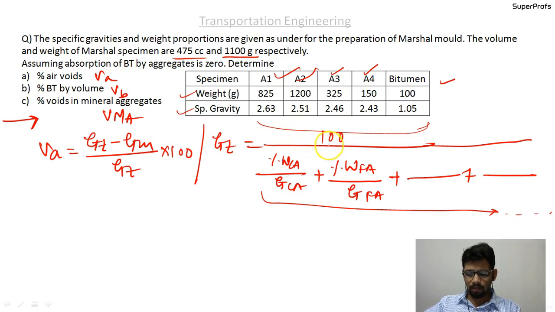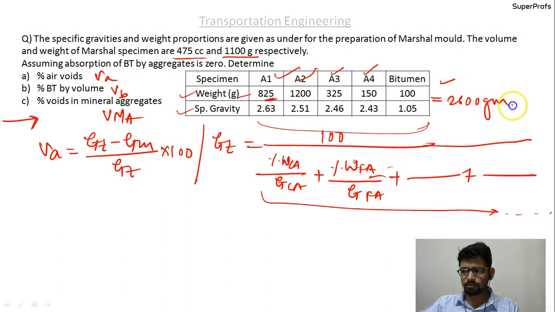Here there are in total 5 constituent materials present. So first we will calculate the percentage weight. The weights are given in grams, that we need to calculate in percentages. The total weight, you need to just make summation of all these, comes out to be 2600 grams.